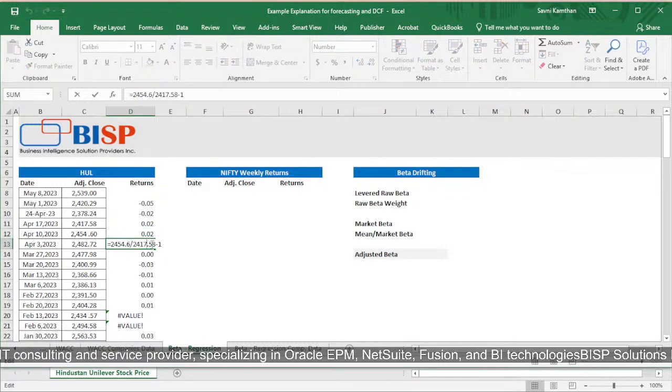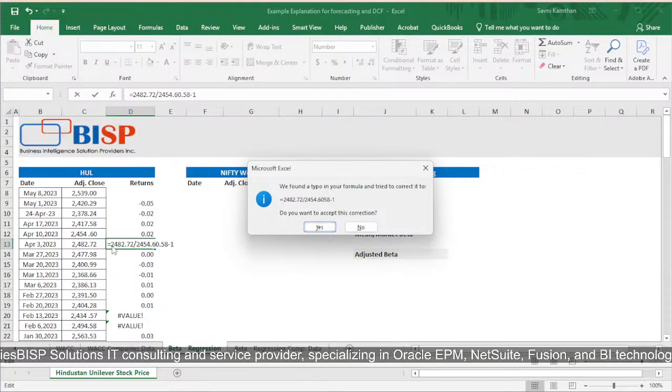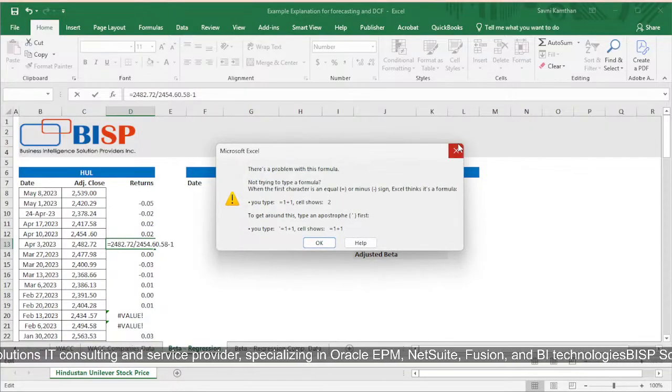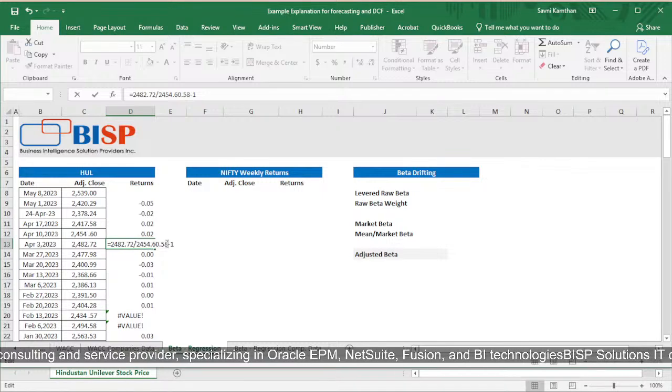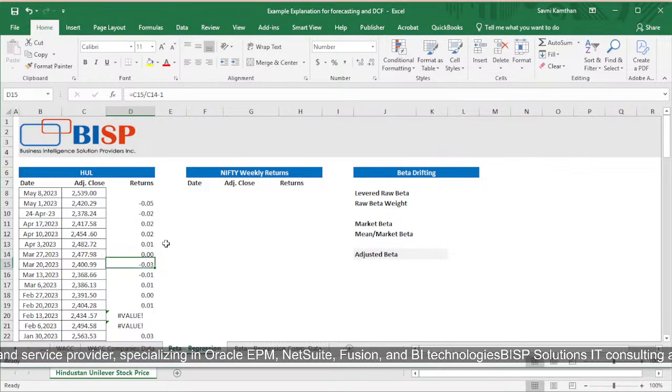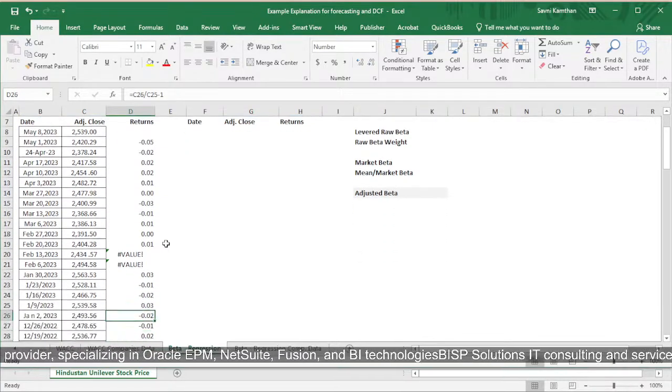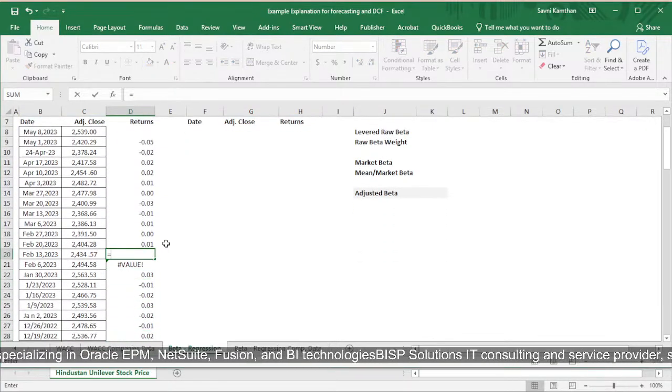Again, if we do this thing, we have to change to 2482.72 over here and 2454.60, and the 58 we have to remove. Okay, now this is it, and the same thing here also we have to do.